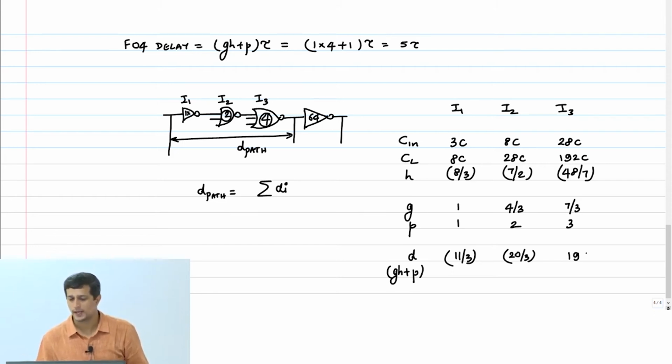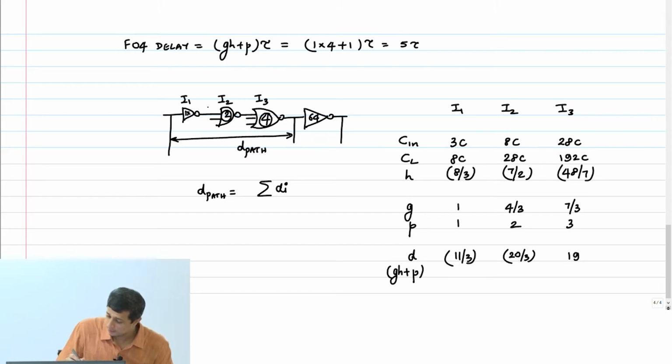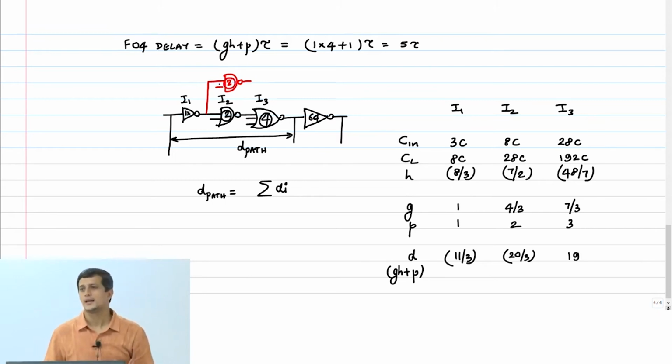So you have to be careful only in the following case. What if I modified this circuit like this? This also is 2x. I add another NAND 2 in parallel, loading my inverter I1. Which of these numbers will now change?